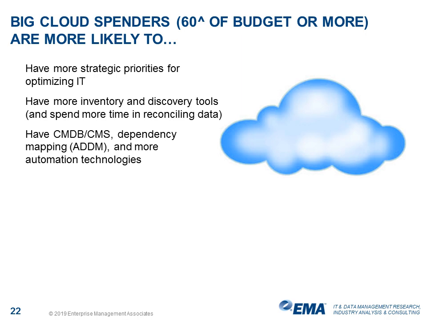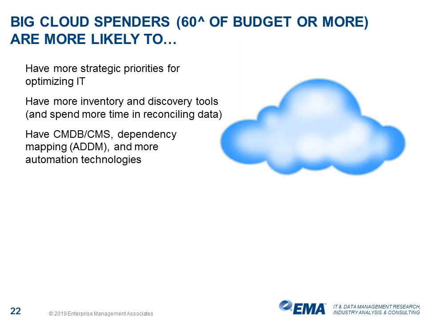Those with 60% of budget or more are also progressive in a couple of ways, and these are just a few examples. They have more strategic priorities for optimizing IT in terms of value, cost and performance. They're already further along in cloud. They already see that as part of what they're doing. They tend to have more inventory and discovery tools, which can be a mixed blessing, but they take it more seriously. And they're spending more time reconciling data, and we'll talk about that shortly.